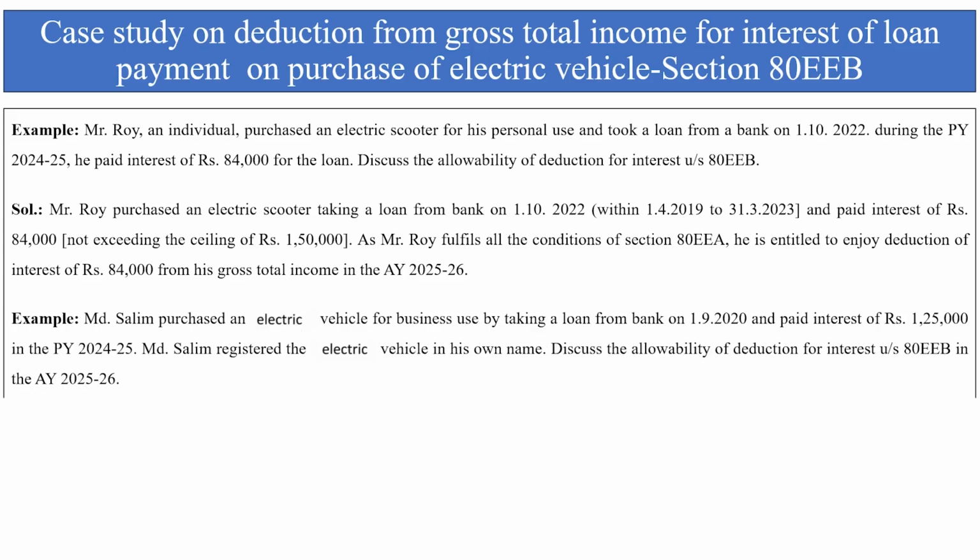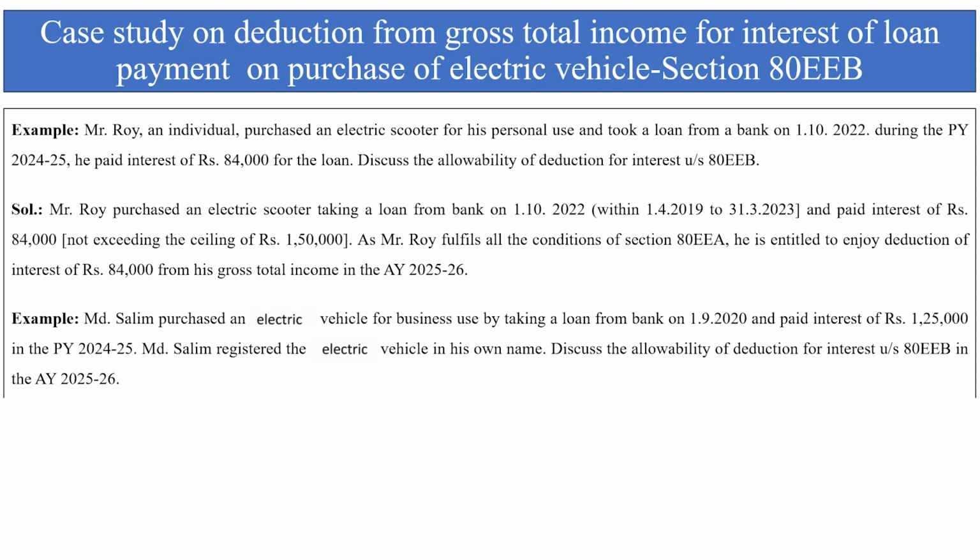Mohammad Selim purchased an electric vehicle for business use by taking a loan from a bank on 1st September 2020 and paid interest of 1,25,000 in the previous year 2024-25. Mohammad Selim registered the electric vehicle in his own name, not in the name of the business.